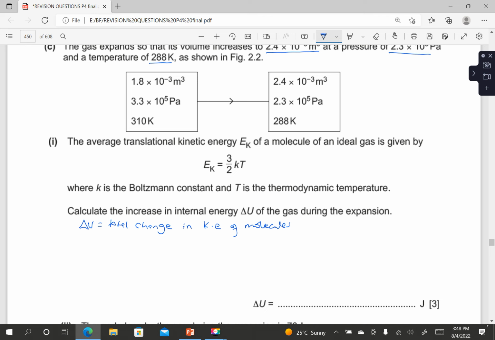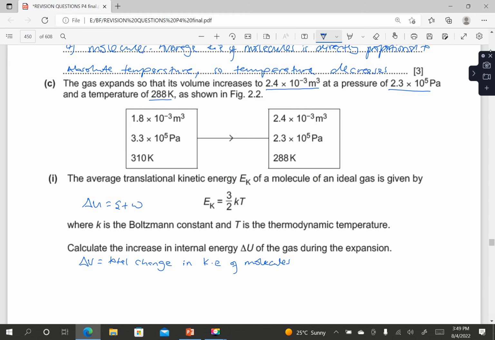And since, we have already established that for an ideal gas, the change in internal energy is equal to Q plus W, of course, we notice that there is a change in volume. Let me check here.